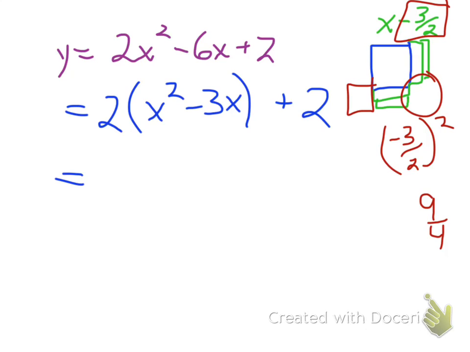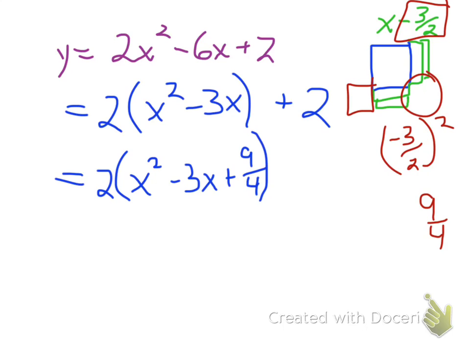So my next step now is 2 times x squared minus 3x plus 9 over 4, that completes my square, plus 2, and now I need to figure out what I am going to be subtracting away. Well, the amount I'm subtracting away now is going to be the 2 times that 9 over 4.